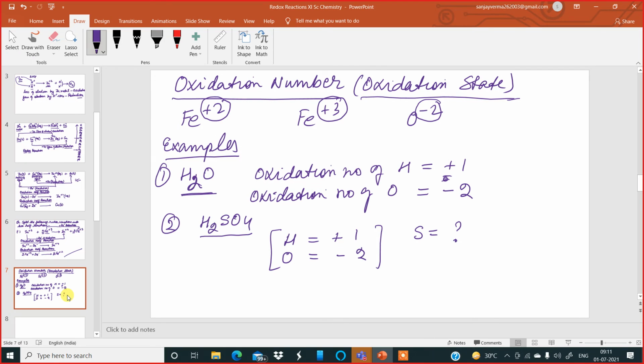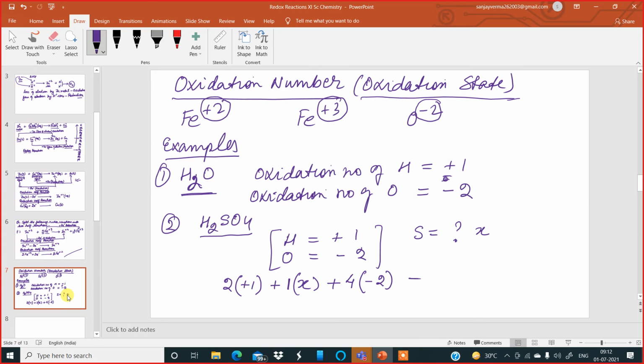Hydrogen we know is plus 1, so I write down two atoms of hydrogen into plus 1. Watch very carefully. Plus sulfur, one atom in the formula. We don't know its oxidation number, so I write X. Plus 4 atoms of oxygen, each with oxidation number minus 2.